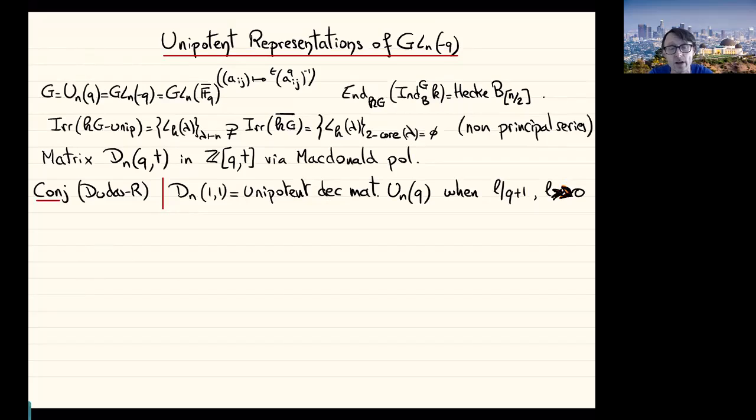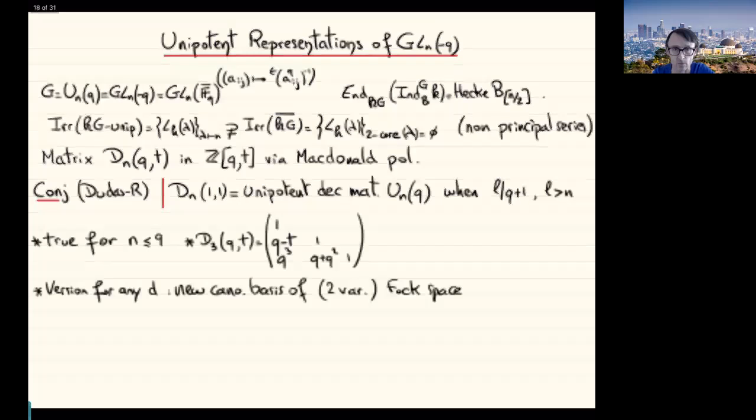Here we have two variable decomposition numbers, which, when you specialize both variables to 1, give decomposition numbers. I've stated the conjecture in a particular case, for l dividing q plus 1, and this involves only the combinatorics of Macdonald polynomials.